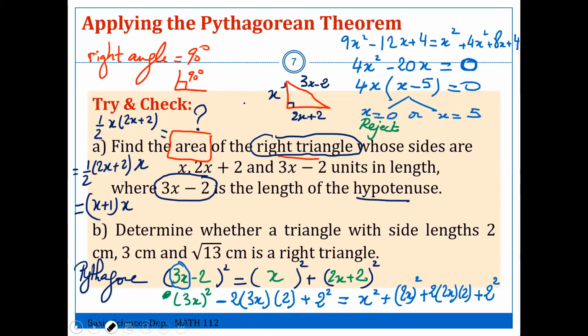We said x equals 5. So if I take x equals 5, this will be 5, this 12, and this 13.